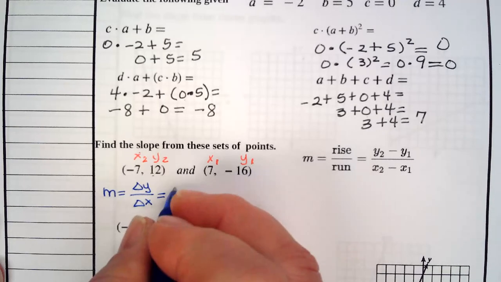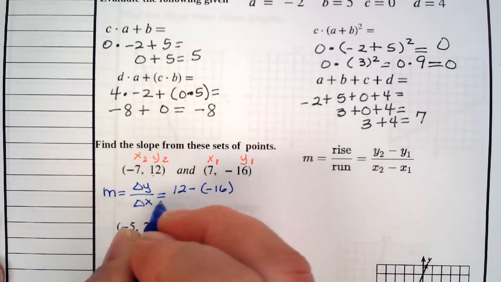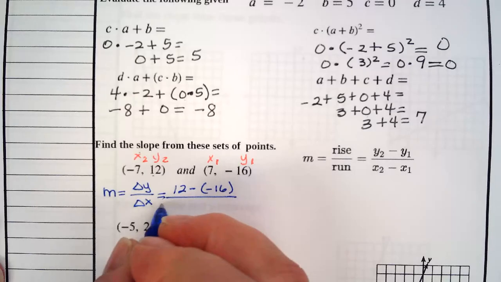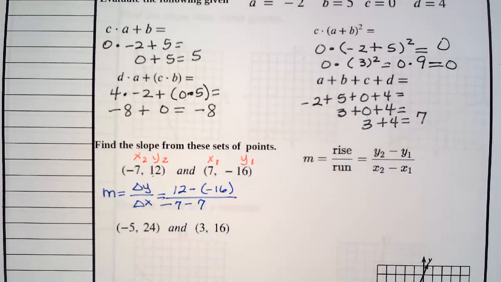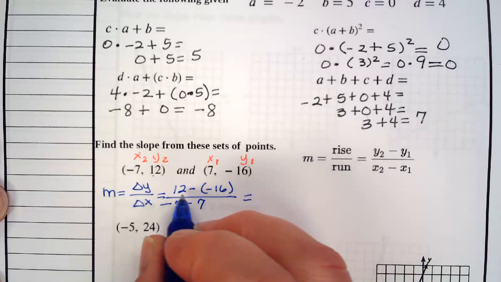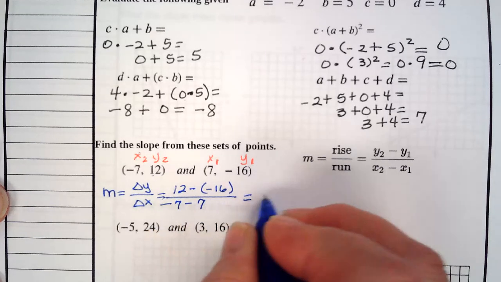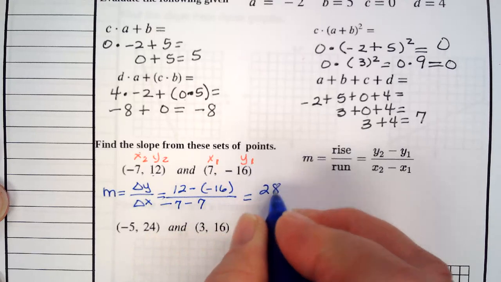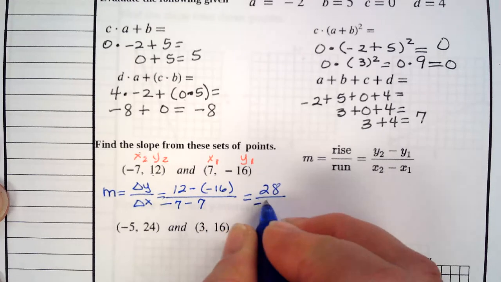12 minus negative 16 over negative 7 minus 7. Twelve minus a negative 16 is 12 plus 16, which is 28, over negative 7 minus 7 more, which is negative 14.